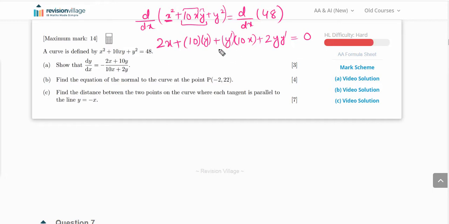Okay, so now I'll just make y prime common, and I'll shift the rest of the stuff to the other side because y prime is my dy by dx.